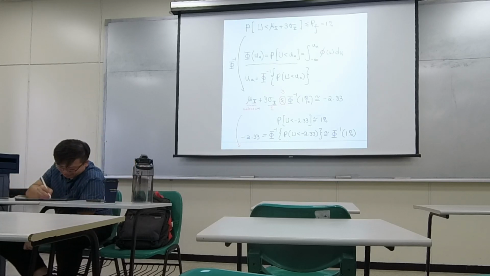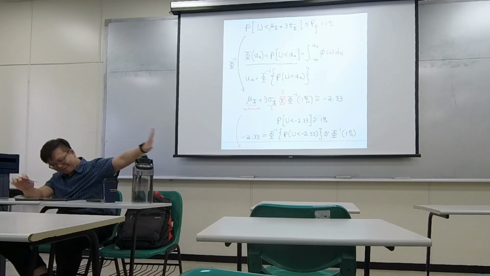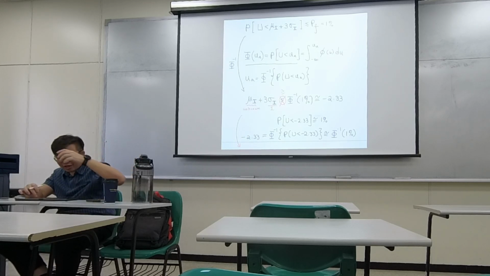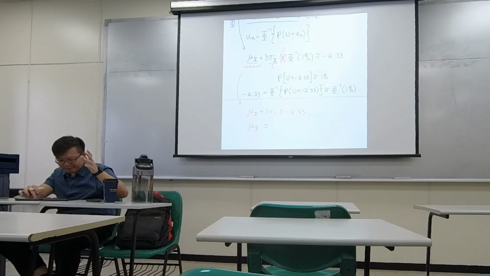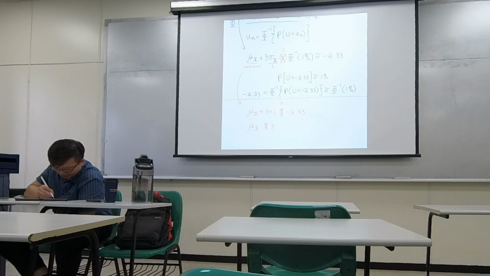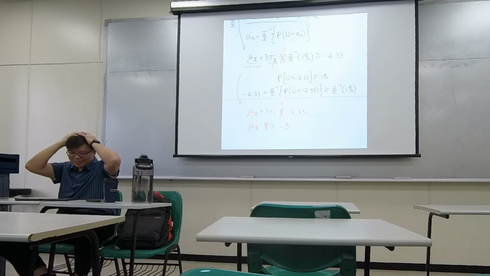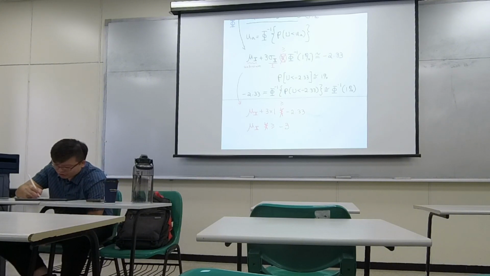Because everything is negative, it is greater than this. So it will become negative 3. Still incorrect. Greater than and also changing the sign.